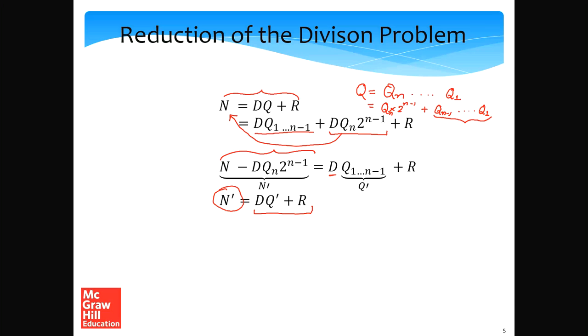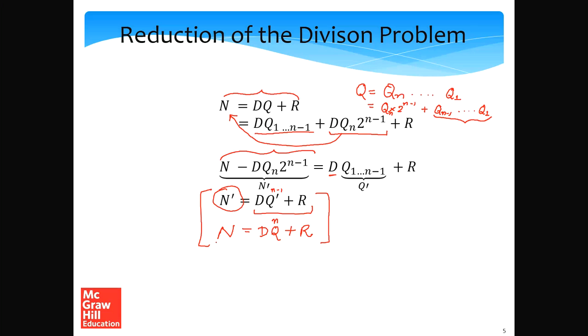So this equation looks very similar to the original equation. There is no difference in the structure, but a little bit of difference in the terms. The remainder is the same, mind you, and the divisor is the same, but the quotient in the original case is the n-bit quotient, while in this case it's the same quotient but with the first n minus 1 bits.